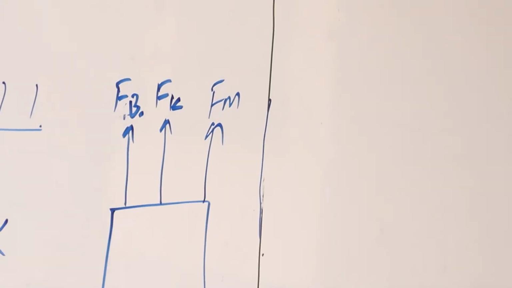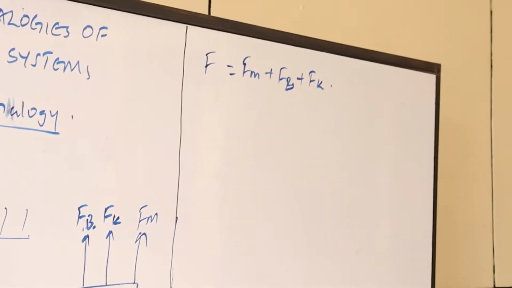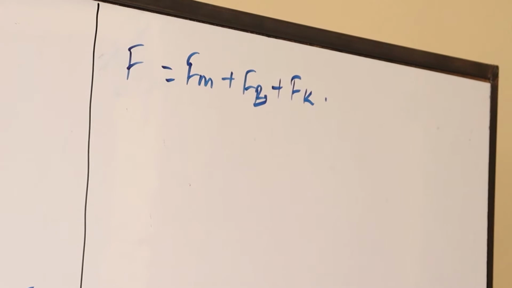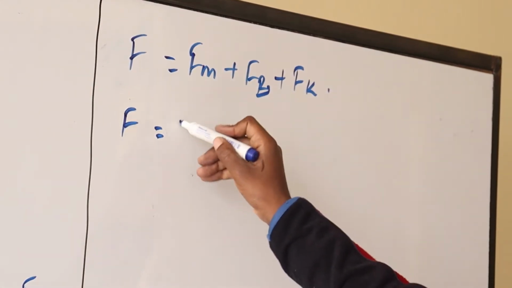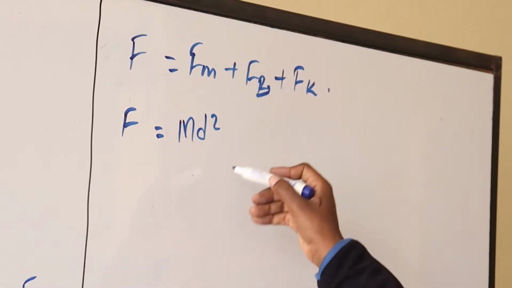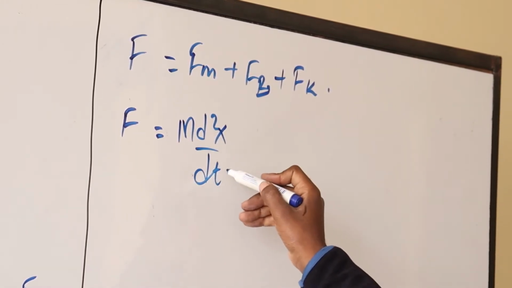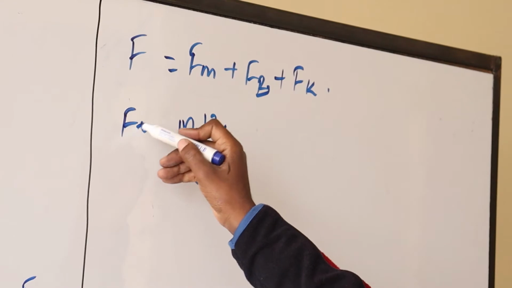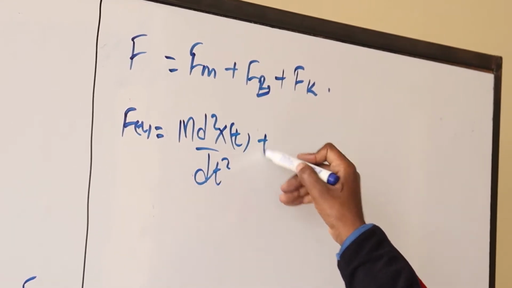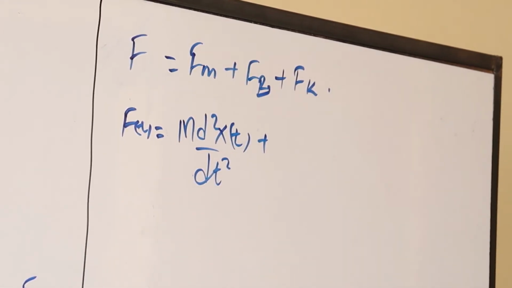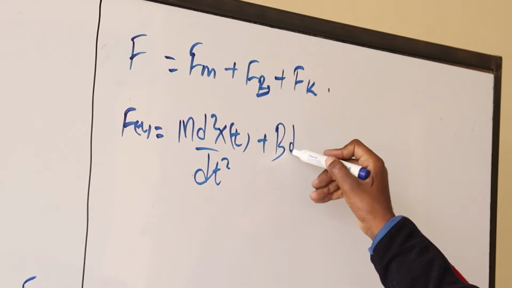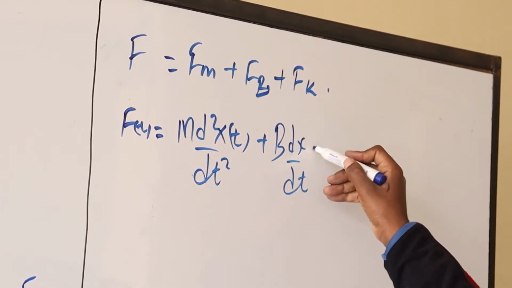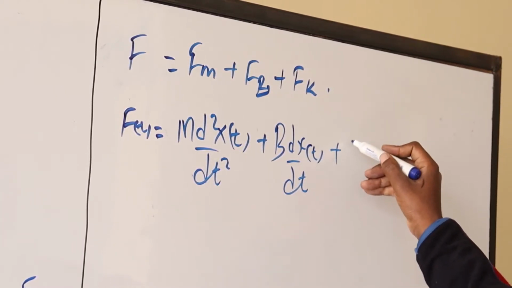Therefore, if you rewrite the differential equation, F is equal to m d squared x over dt squared, in the time domain, plus Fb, which is b dx over dt, again in the time domain, plus kx.